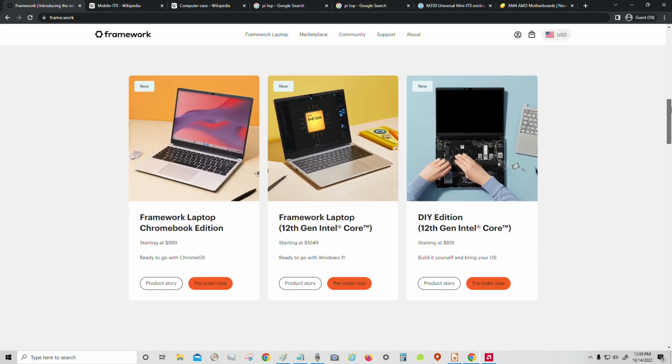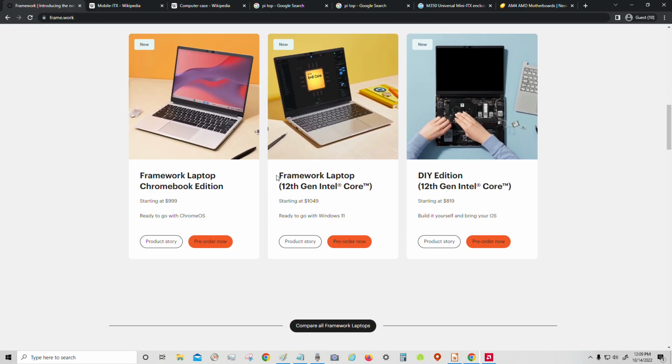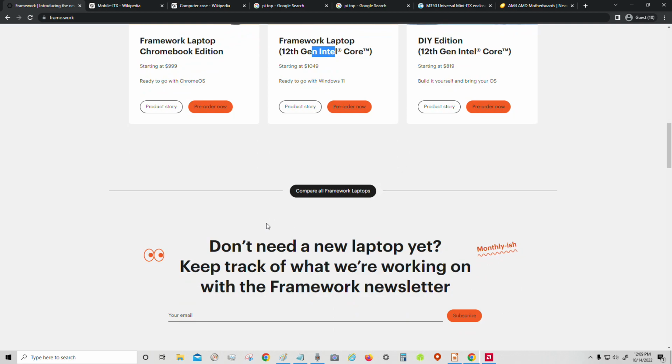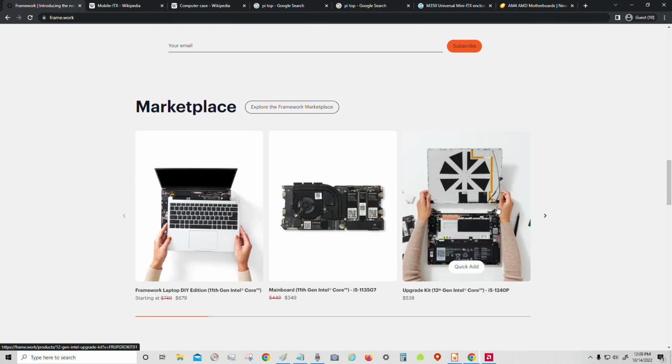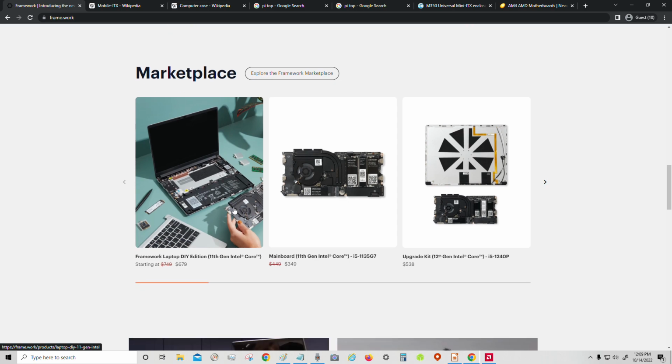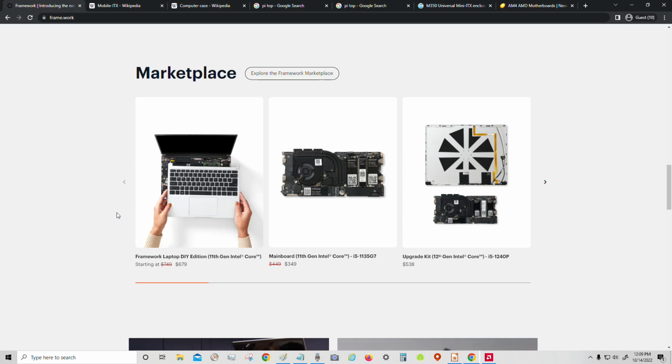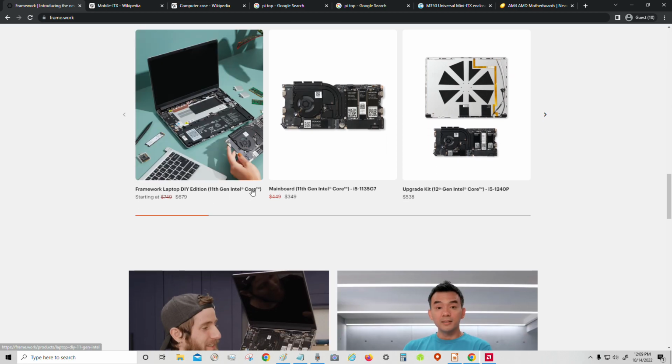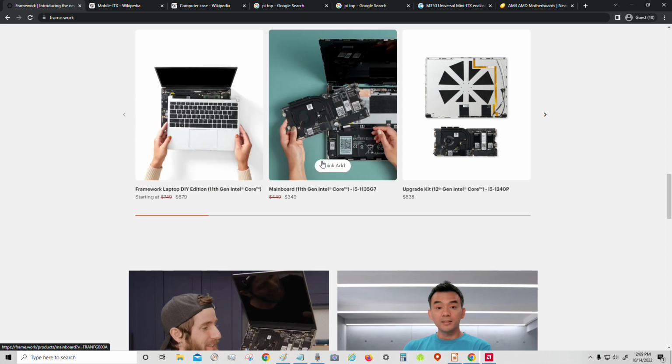If you buy this platform, then all you have to do is buy the newer motherboard. But that motherboard is a very specific design, and it won't fit in any other laptop unless someone makes the same exact laptop. So it limits you to that laptop, which might be fine.